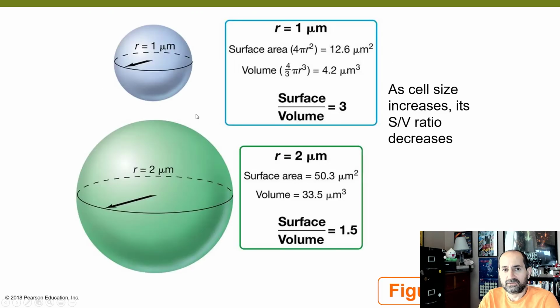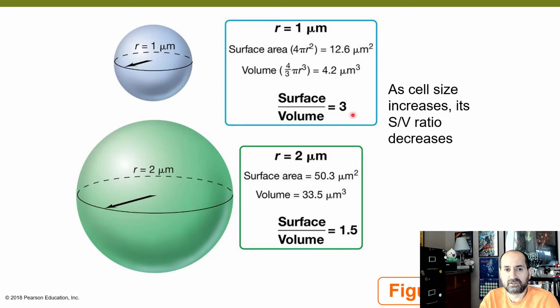And you can see here this small cartoon represents a smaller cell versus a larger cell. And if you were to look at the surface area by volume ratio, smaller cells have a larger surface area by volume ratio.